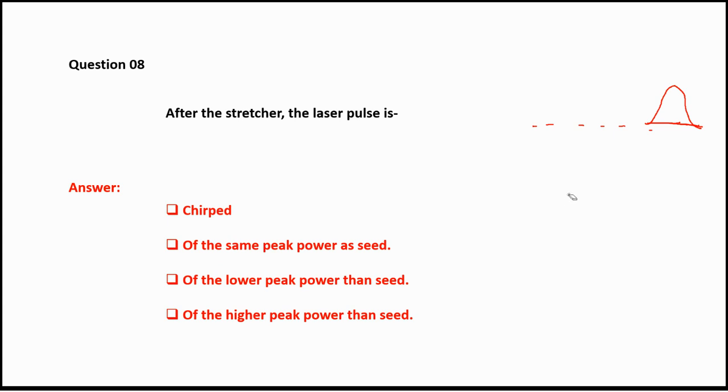When it passes this way, it goes straight, and then because of the diffraction grating, it is diffracted into two components, say one is red and another one is blue.